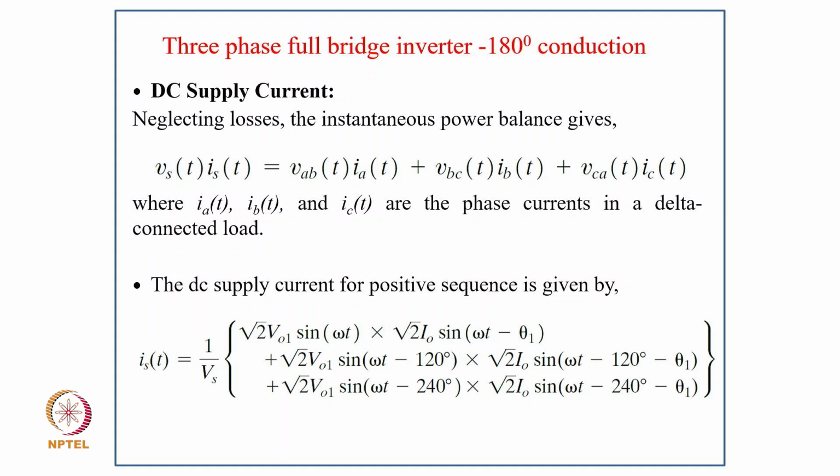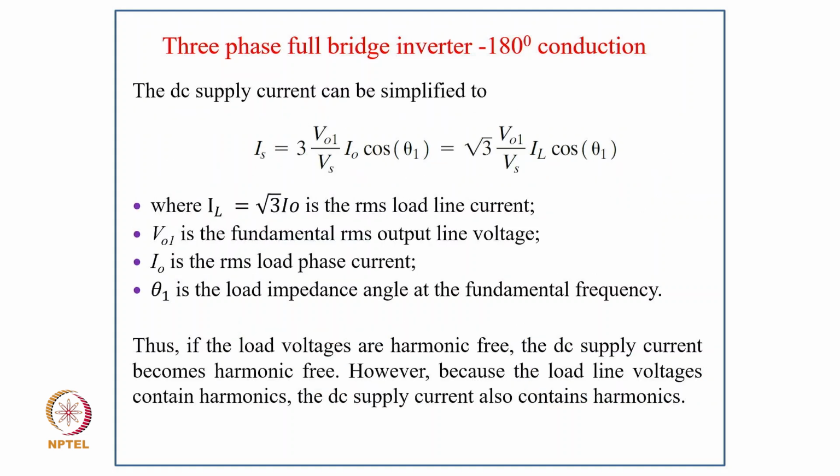Similarly, plus root 2 V01 sin omega t minus 240 into root 2 I0 sin omega t minus 240 minus theta 1. So the DC supply current can be simplified: Is equal to 3 V01 upon Vs into I0 cos theta 1, or equal to root 3 V01 upon Vs IL cos theta 1, where IL equal to root 3 I0 is the RMS load line current and V01 is the fundamental RMS output line voltage.